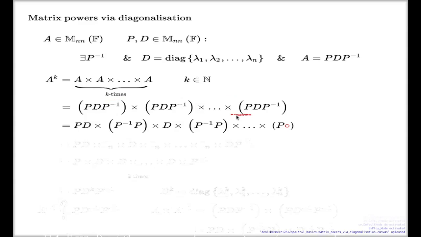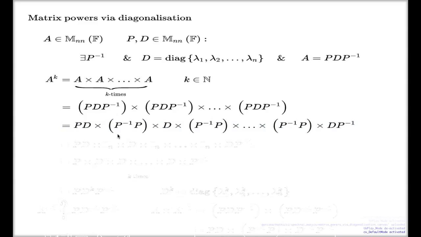The last coupling will be P inverse P, and then the last 2 factors, D and P inverse, are just copied as they are. I have done nothing but change the position of brackets to emphasize a different order of multiplication. That's the associative law of matrix multiplication.